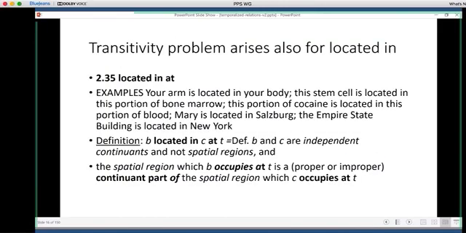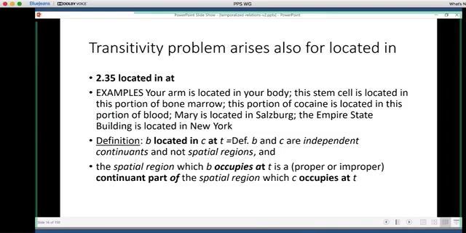We want to be able to say that if A is part of B, or if an A is part of a B, and a B is part of a C, then an A is part of a C. We can't do that because of generic partshood, where silent change of parts. We can't assume transitivity. This problem arises for part of. It also arises for located in.